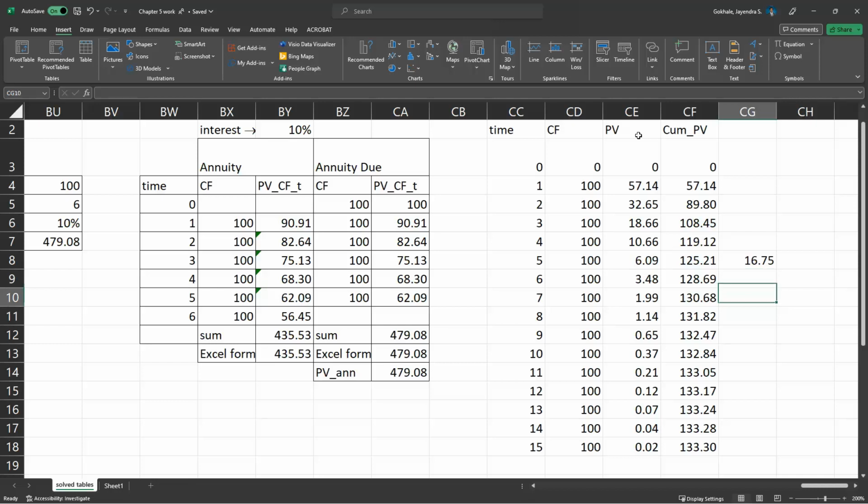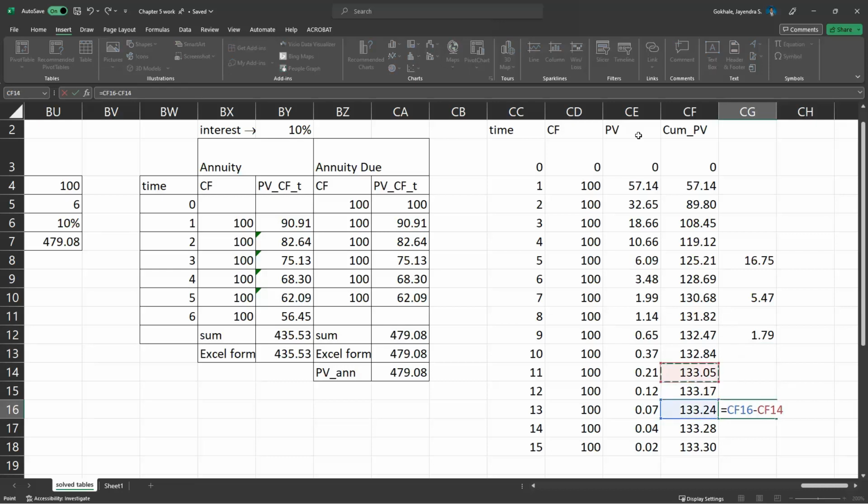When we go from 5 to 7, that minus that, the present value goes up by only $5. Then we go from 7 to 9, that minus that, it only increases by 1.79. When we go from 11 to 13, it only changes by 0.19, and 13 to 15, only changes by 0.06.